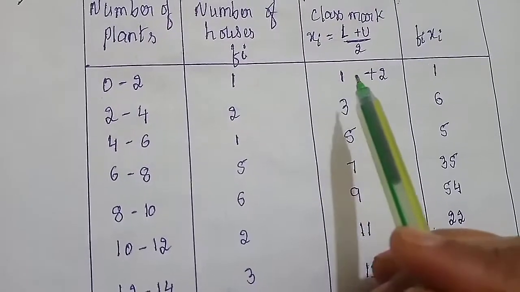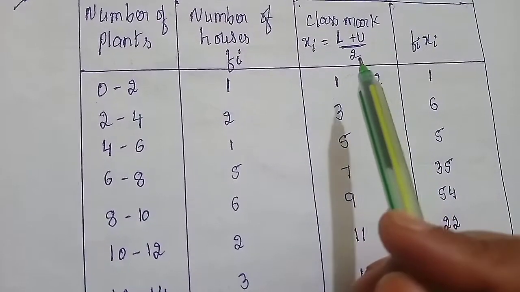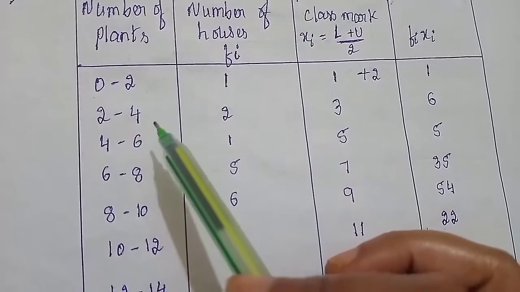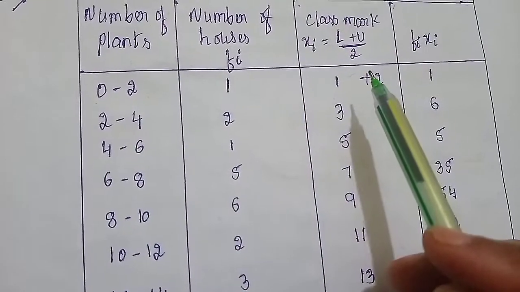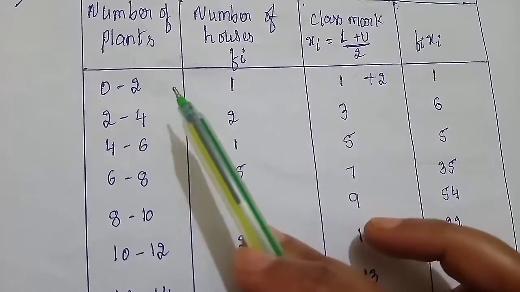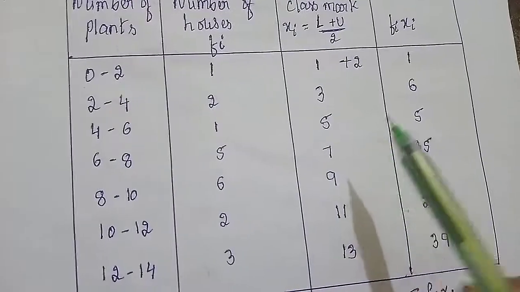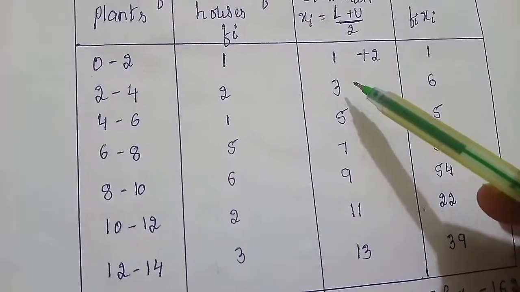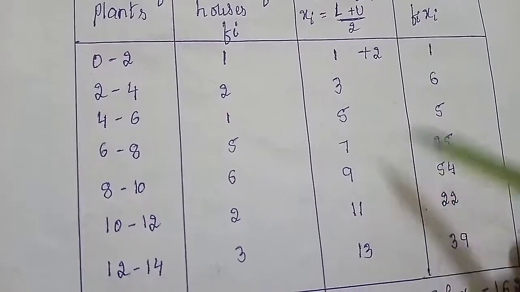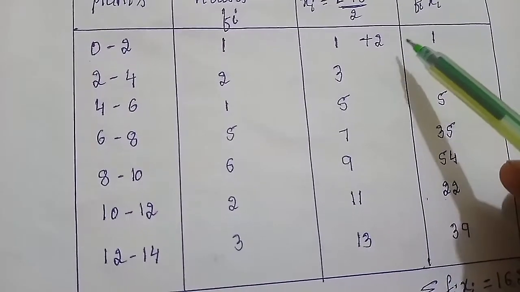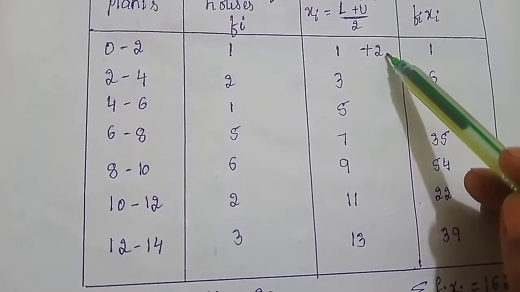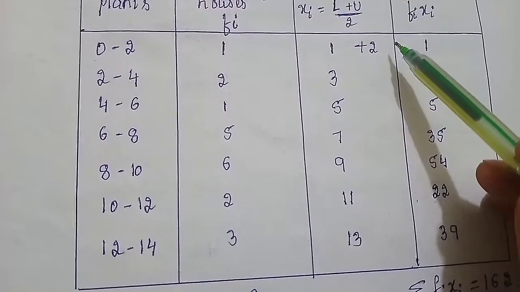So instead of applying lower plus upper divided by 2 for each class interval, first calculate the class mark of the first class interval and then continue the other class marks by adding 2. What is this 2? This plus 2 is nothing but the class size.